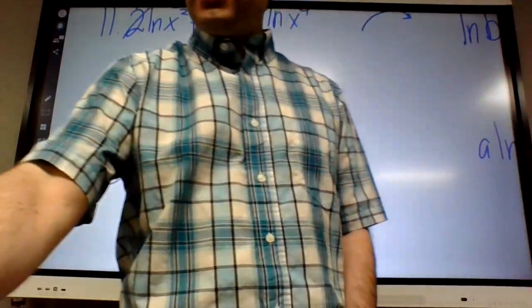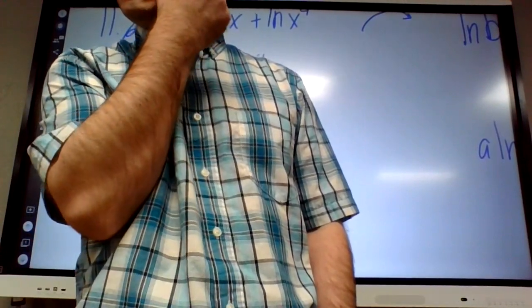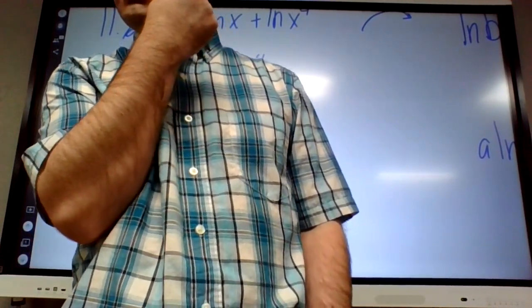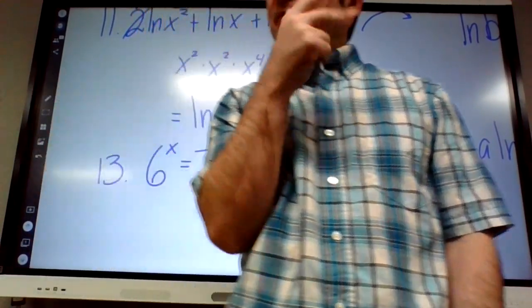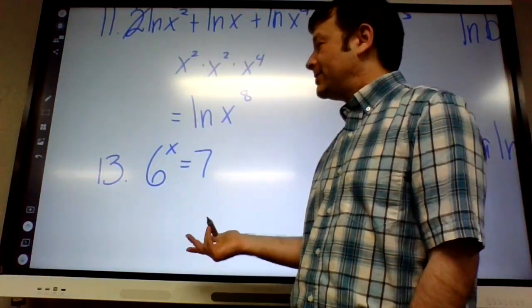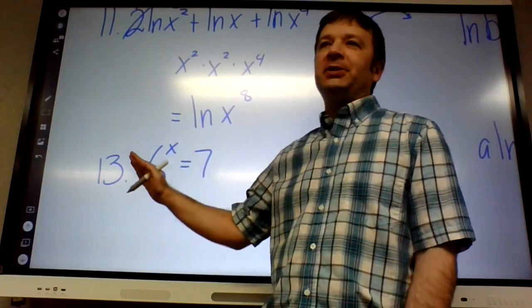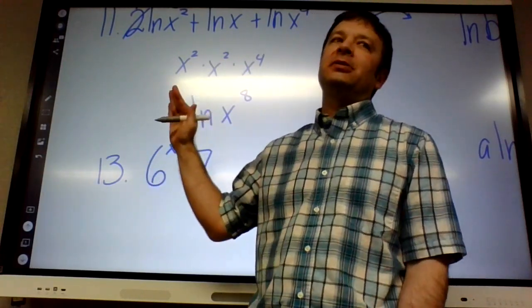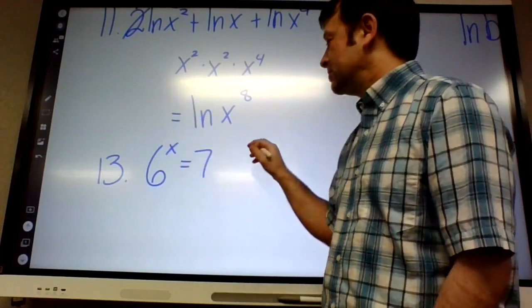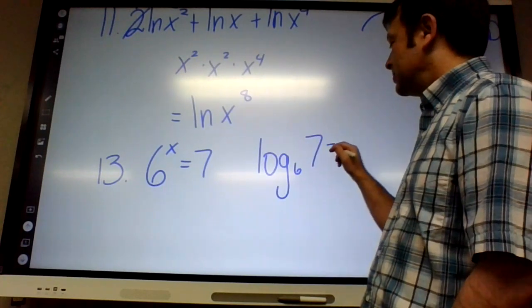Okay, the directions say solve, express each answer using natural logs, and as a decimal rounded to the ten-thousandths. I don't really care if you use natural logs to do this. It's kind of going back to number 1 from yesterday. But so when we have an exponential equation, how did we solve these yesterday? Log 7 equals 6.